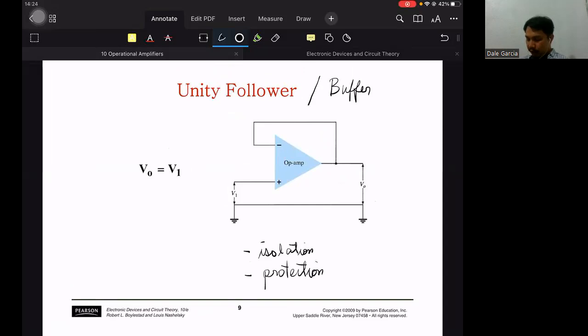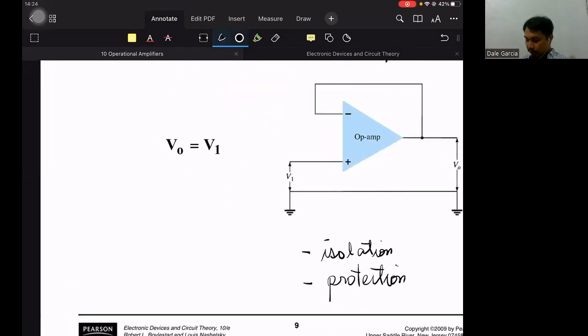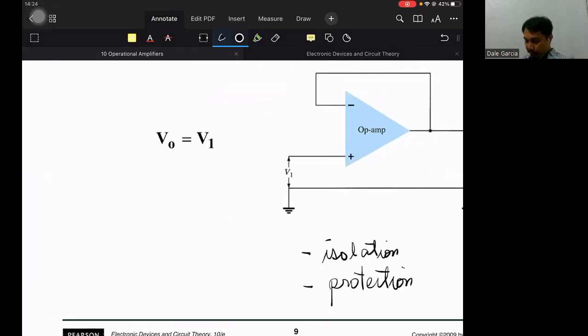It can do that because of its isolation function. Let's say for example, we have a more sensitive circuit right here.